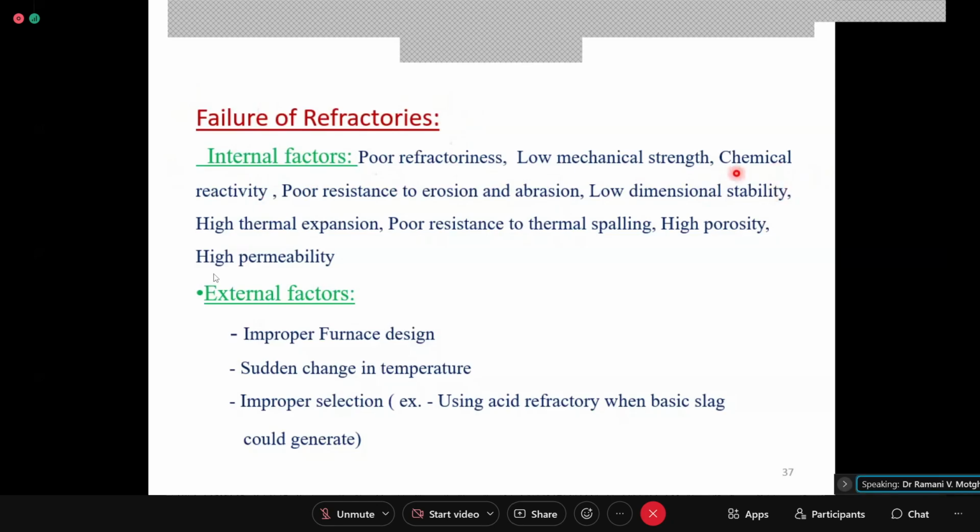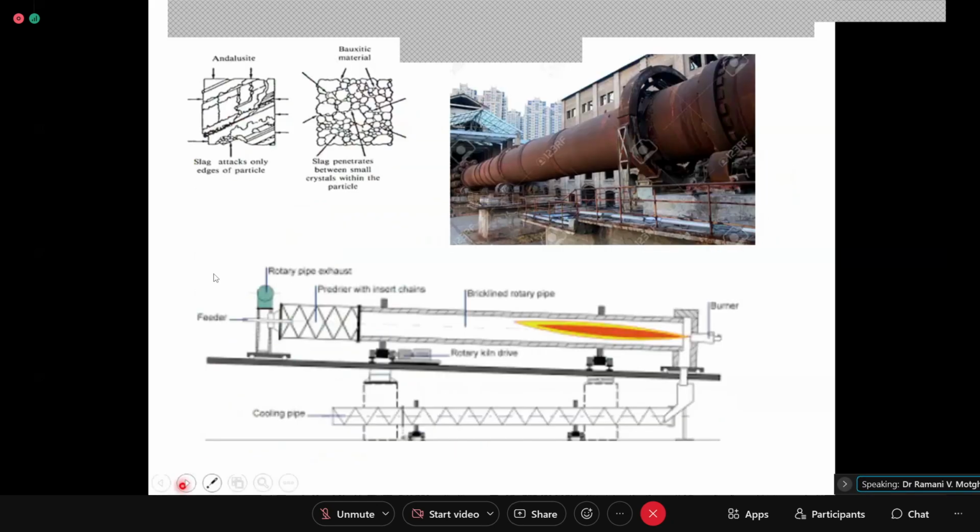That is because of poor refractoriness, low mechanical strength, chemical reactivity, poor resistance to erosion and abrasion, low dimensional stability, high thermal expansion, poor resistance to thermal spalling, high porosity, high permeability. These are some of the internal factors. Now, external factors are improper furnace design, sudden change in temperature, and improper selection, like using acid refractory when basic slags could be generated. Such kinds of things are there.